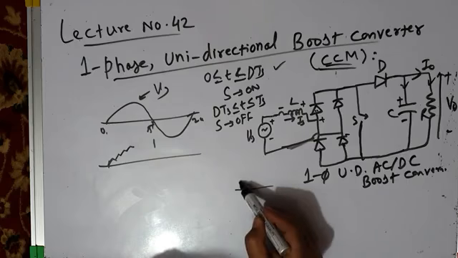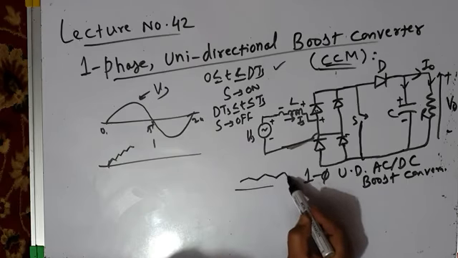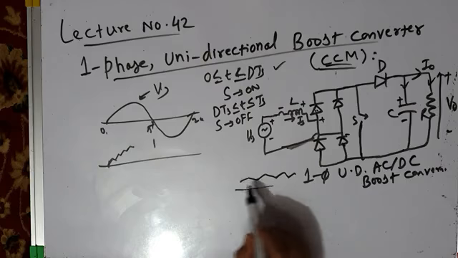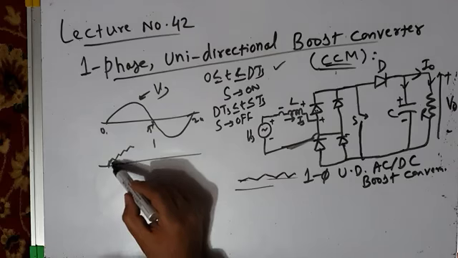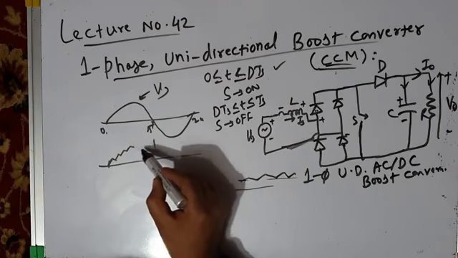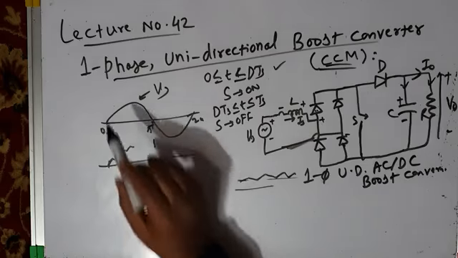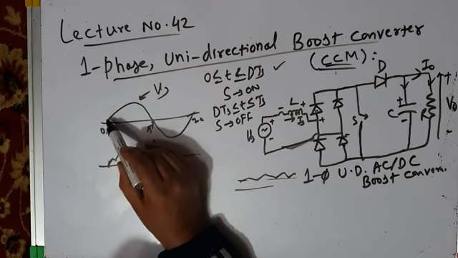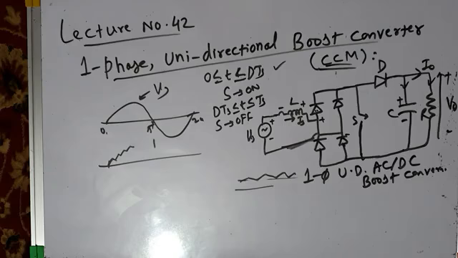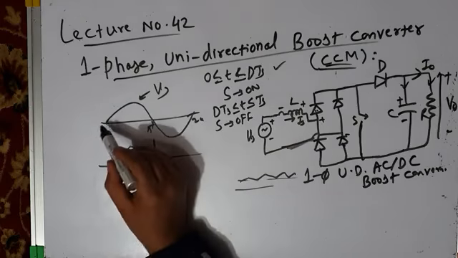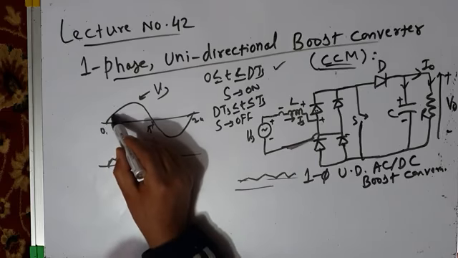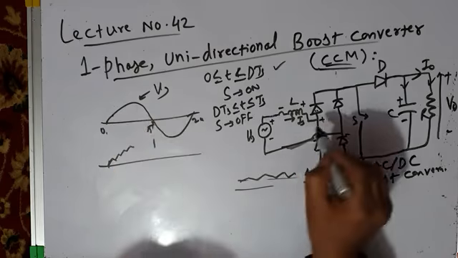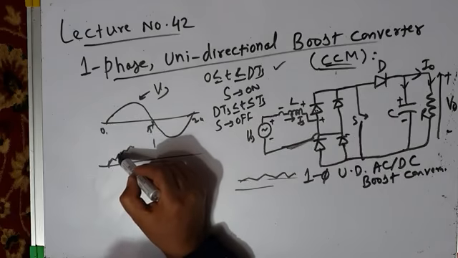Now in a DC to DC converter the current was steady state current, I mean it had an average value. It was neither increasing nor decreasing. But in this case it will sinusoidally increase and sinusoidally decrease, because at each instant the instantaneous value of voltage is changing. What is the voltage at this point? It is minimum, and then when the next switching occurs here, the applied voltage is higher, so higher current flows.